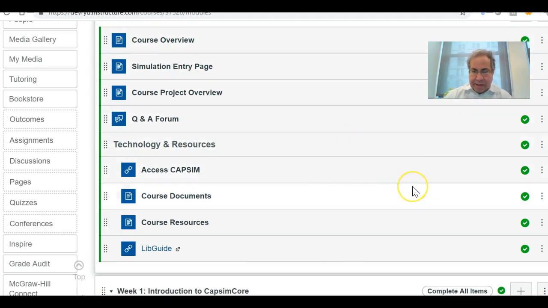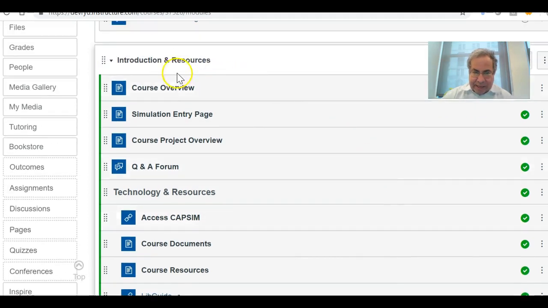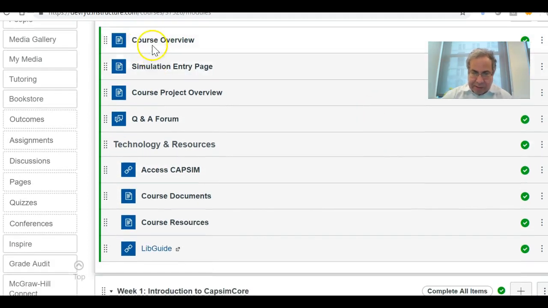You're going to be working on a team, but it's important for everyone in the class to really understand what this CAPSIM business simulation is all about. The only way really to understand it is to go through the introduction, resources, and course overview, and start understanding what this course is about. You can also discuss it with the members of your team.